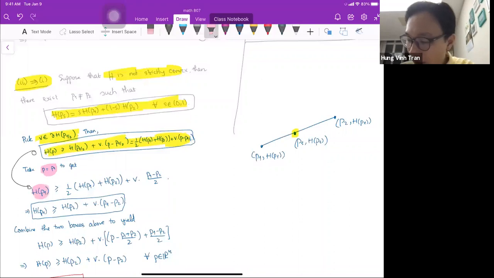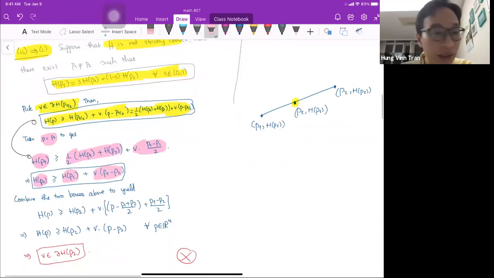H of p1/2, as we said, is 1/2 of h of p1 plus h of p2. Then v dot with p minus p1/2, and when we chose p to be p1, we would have nothing but v dot with p1 minus p2 over 2. So after cancellations, cancel things out and multiply by 2, then you have h of p1 is greater than or equal to h of p2 plus v dot with p1 minus p2.